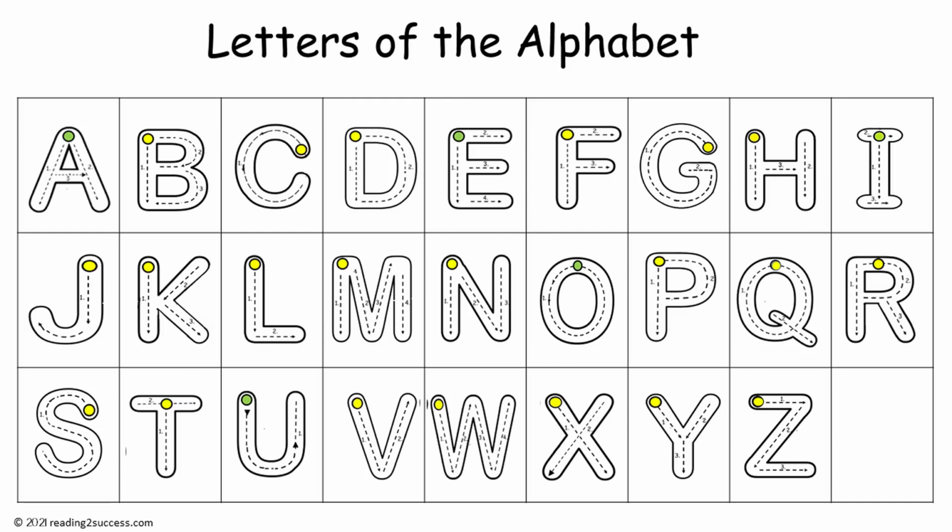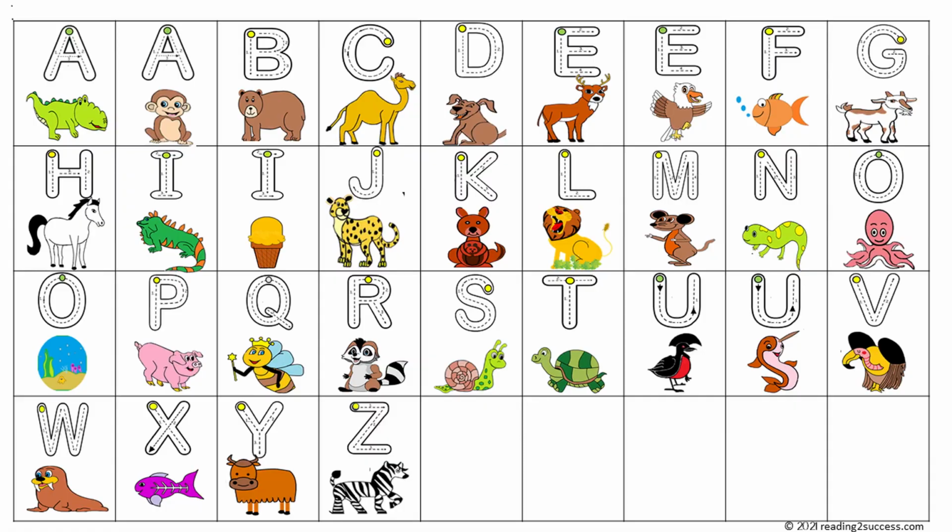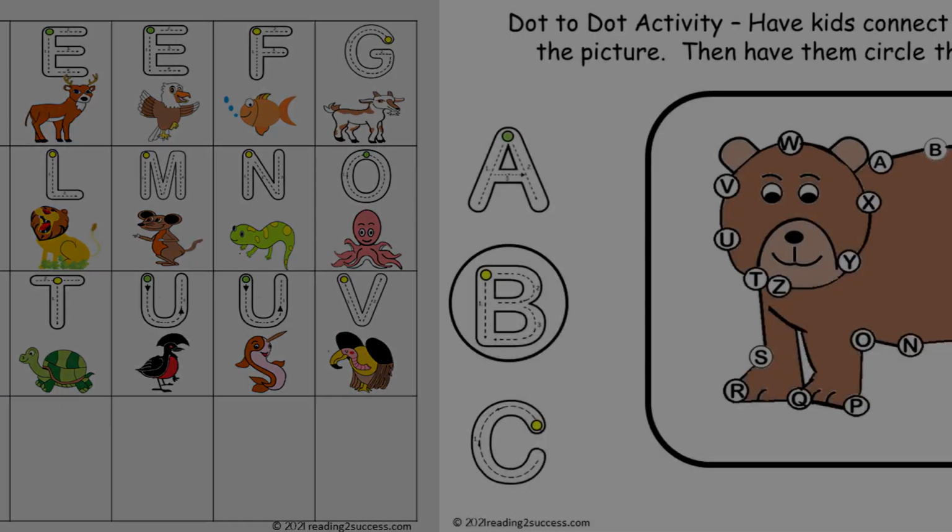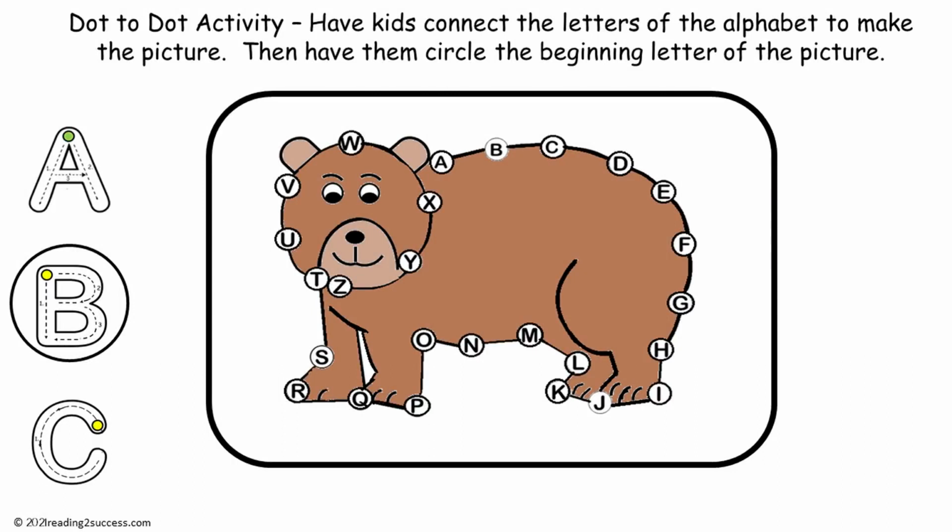Now we are going to have kids complete letter identification activities, so they may need to look at the alphabet charts. The first activity is a dot-to-dot activity. Kids must draw lines to connect the letters of the alphabet in order to make the bear, and then circle the letter that the word bear begins with.